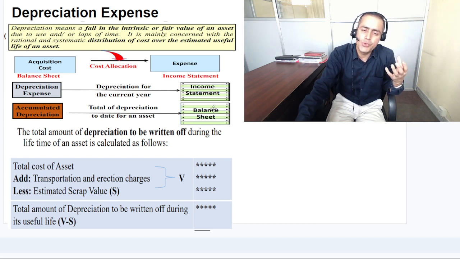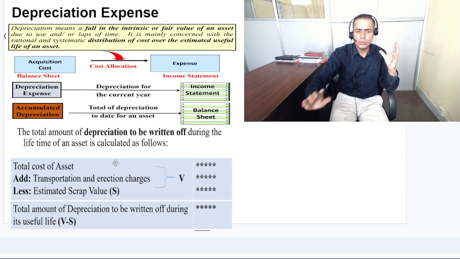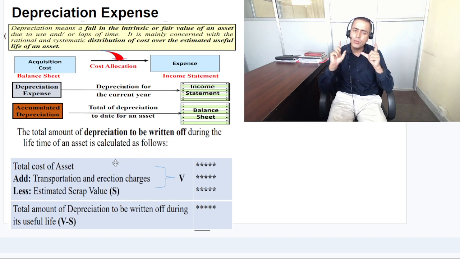Under the balance sheet, for example, equipment 1 lakh less accumulated depreciation of 40,000, so you would have the book value of 60,000.